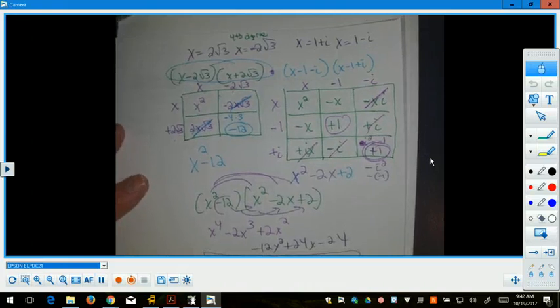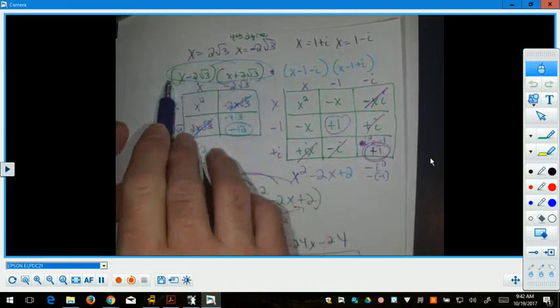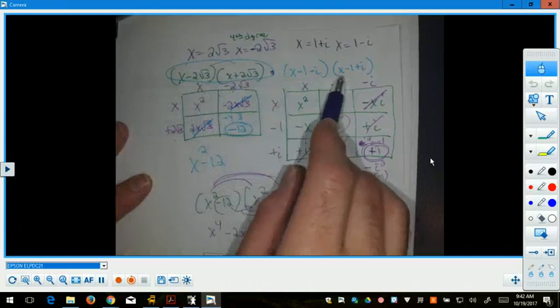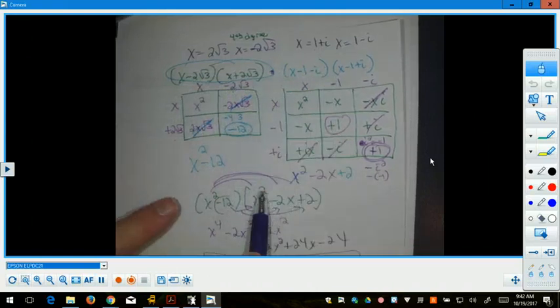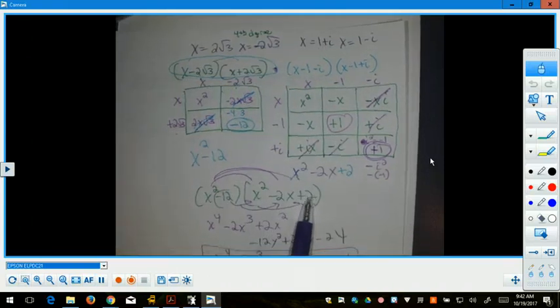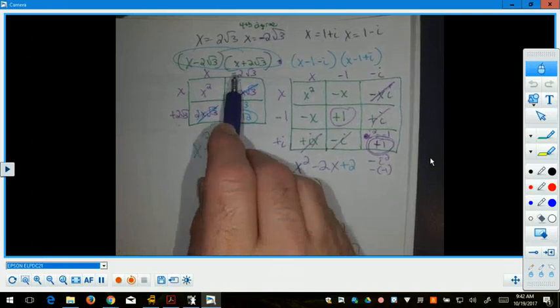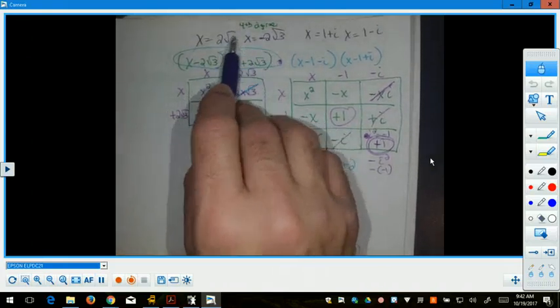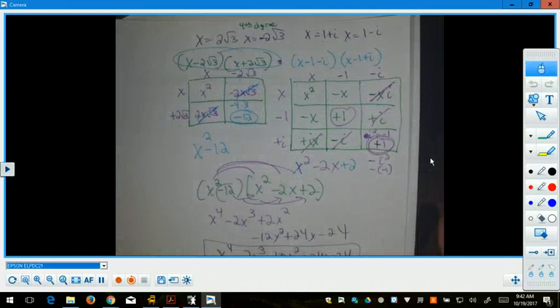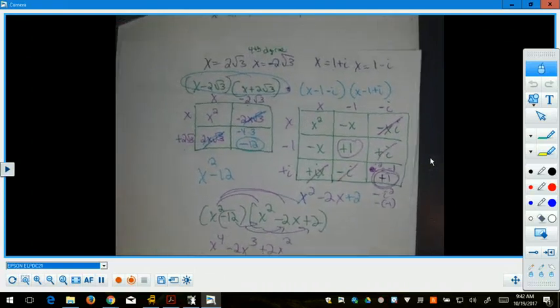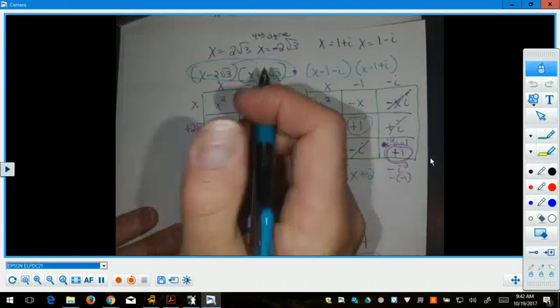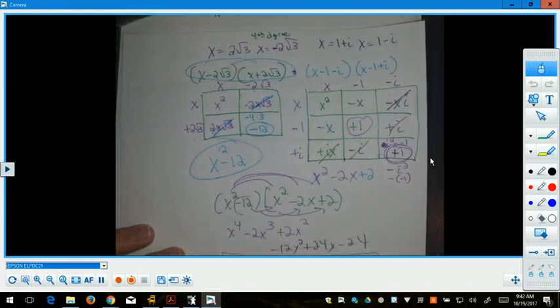I'm going to show you a way that helps you avoid having to expand this and leads you straight to these two equations still. So you'd still do these products, but you don't have to think about both of these roots and both of these roots. And so that way is to do the following. See this right here, x squared minus 12?